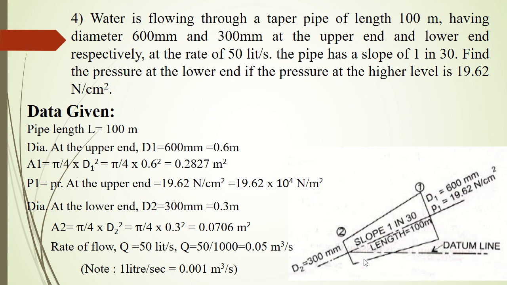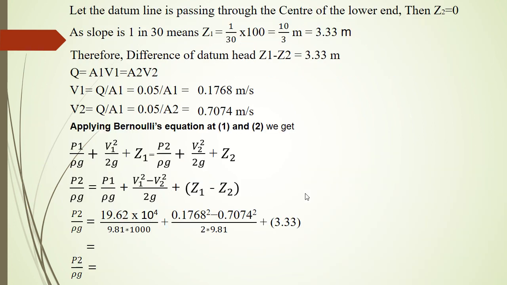So tan theta for this particular triangle is going to be the opposite by the length of the pipe, that is this one, right? So this is going to be the vertical height over the length of the pipe. So if you do it like that, it is going to be what?